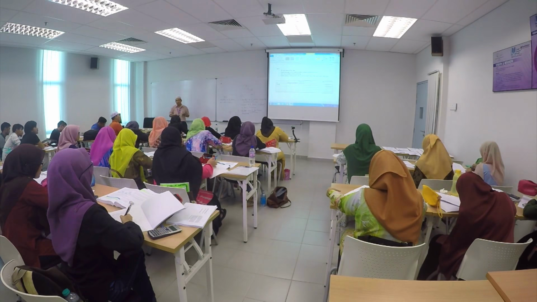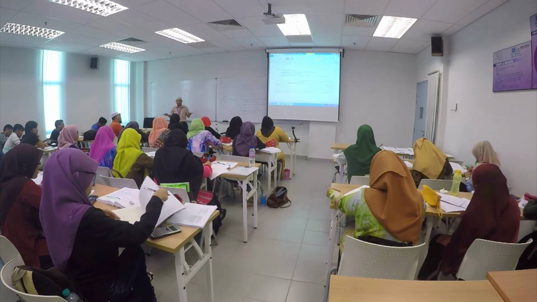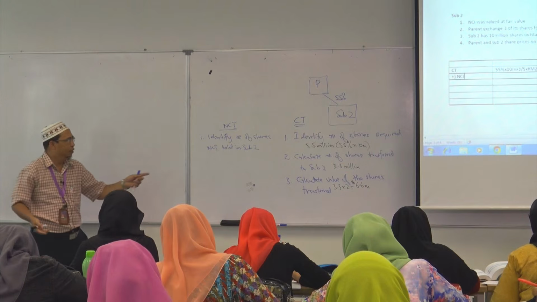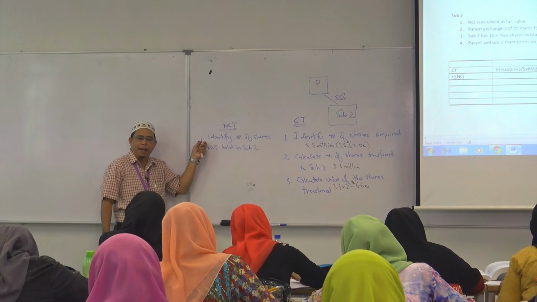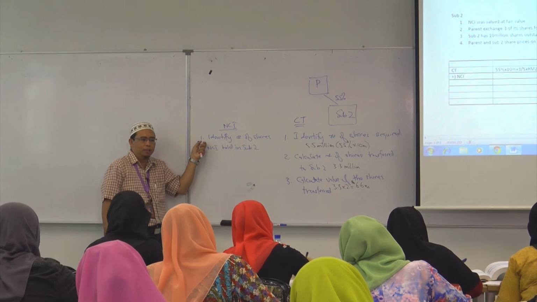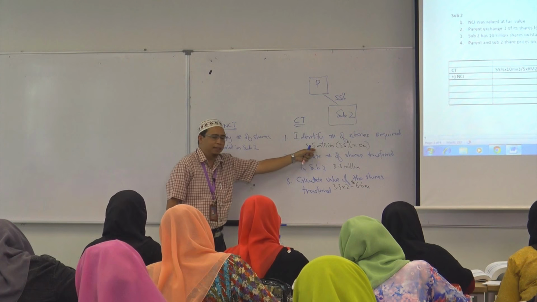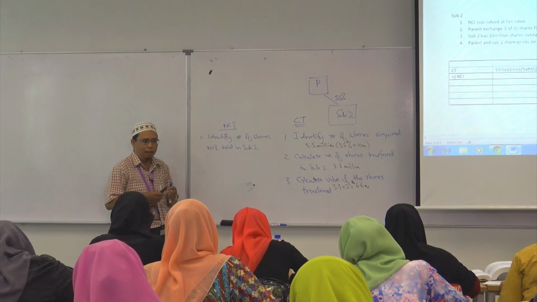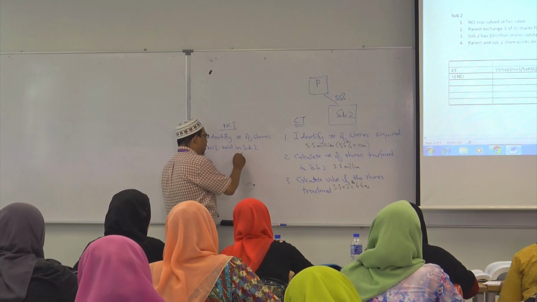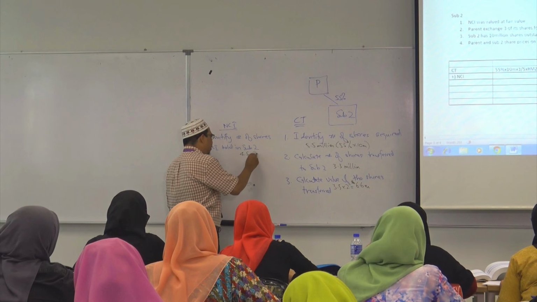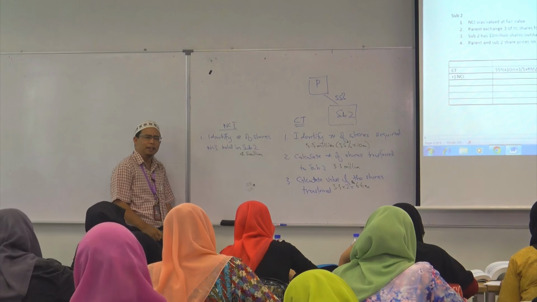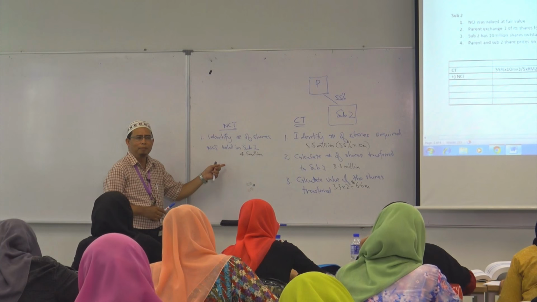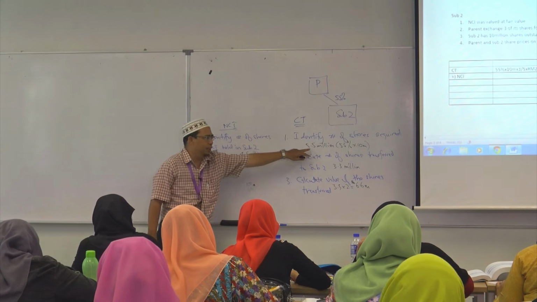So how many shares does NCI have? 45%, isn't it? So 4.5 million. Identify the number of shares that NCI has in subsidiary 2. If the parent has 5.5 million, then NCI should have 45%, so the answer is 4.5 million. Can you understand? Because it is 10 million minus this one, right?